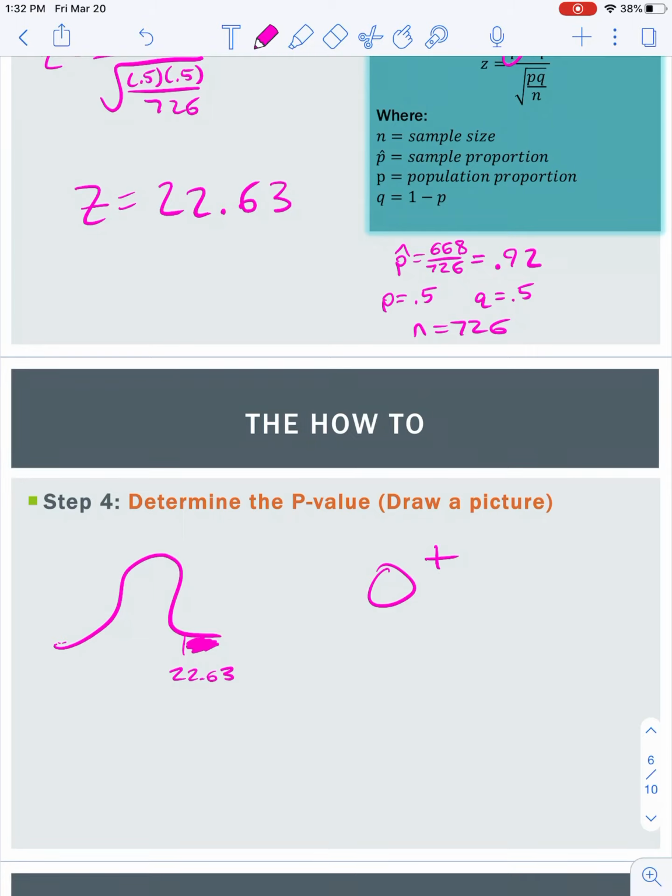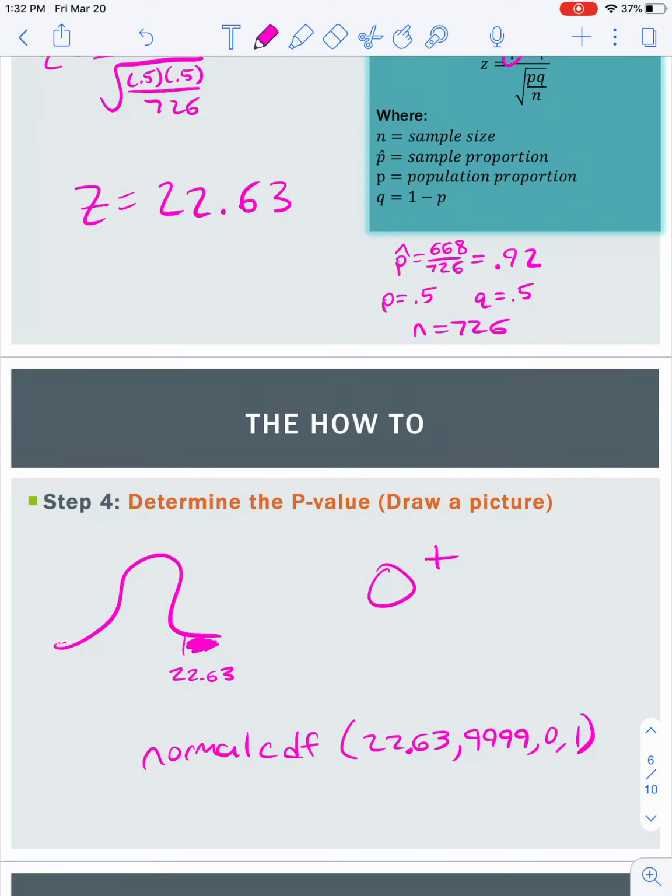Like even if you went to your calculator and you try to do normal CDF, which is what we would normally do, normal CDF, and we're going to the right because it was a greater than, so 22.63. We can't put 10 because 22.63 is bigger than 10, so 10 can't be the right bound. So let's use an obnoxiously large infinity example. Let's do 9999 like I did in the last notes, and then 0 and 1 like we always do for normal CDF.